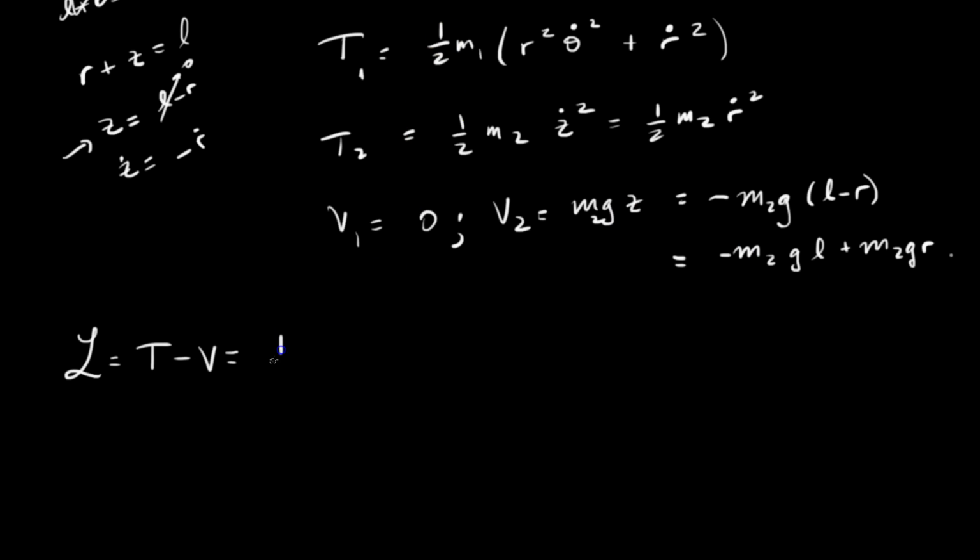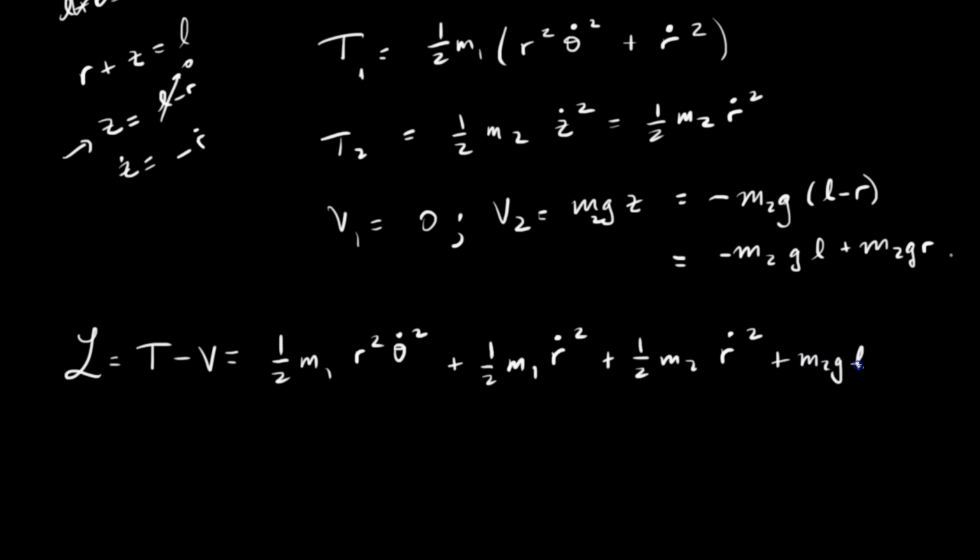Well, we have this term, 1/2 m1 r squared theta dot squared plus 1/2 m1 r dot squared plus 1/2 m2 r dot squared, and then minus this, so it's going to be plus m2gL minus m2gr. Great, we got the Lagrangian.